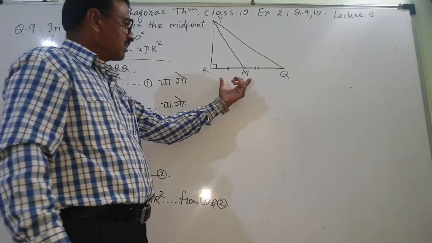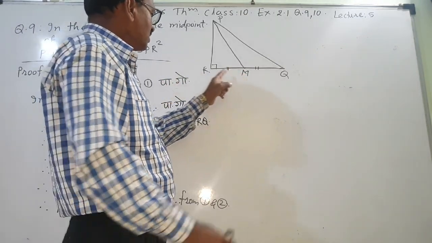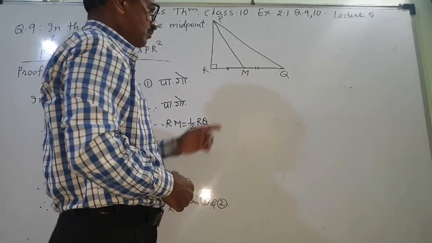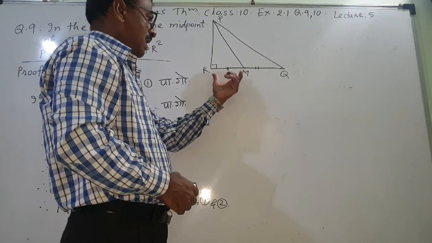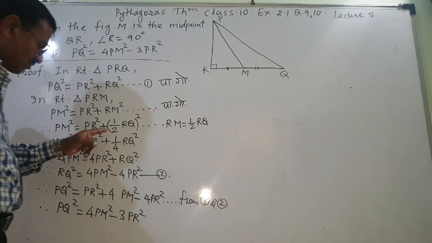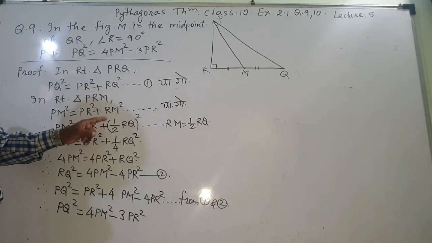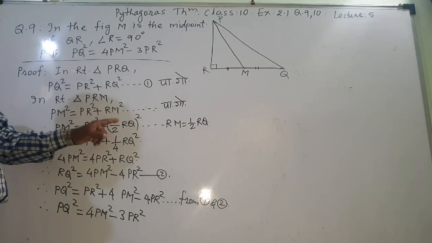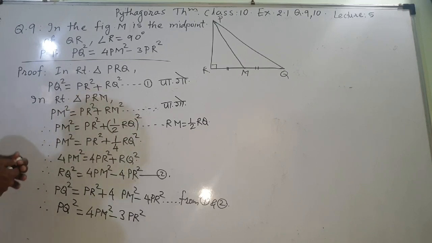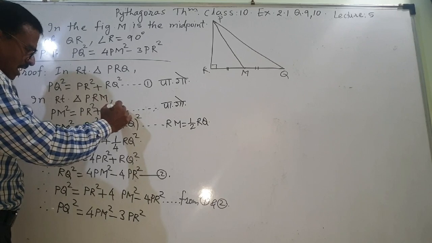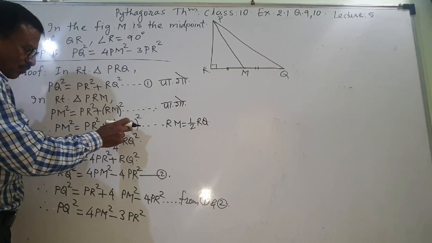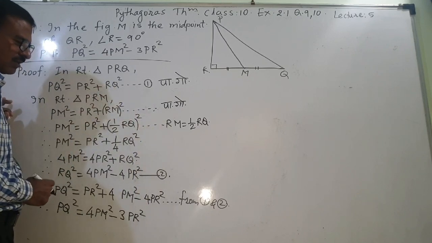RM, this is the midpoint, means this RM is half of RQ. So that I have written plus 1 upon 2. RM is half of RQ, its square. See this, don't forget this. This way you will write RM square, and RM means half of RQ, and then the square.